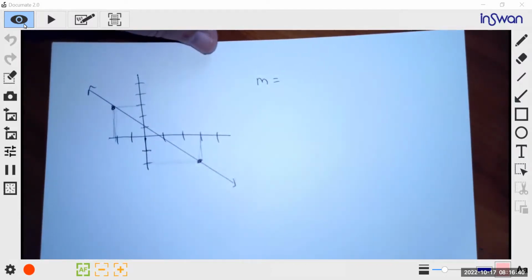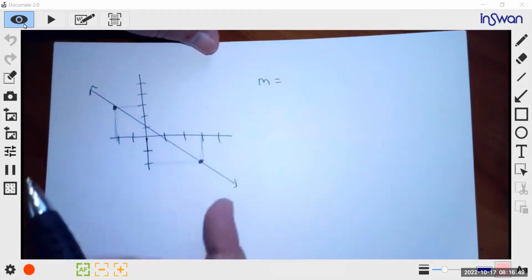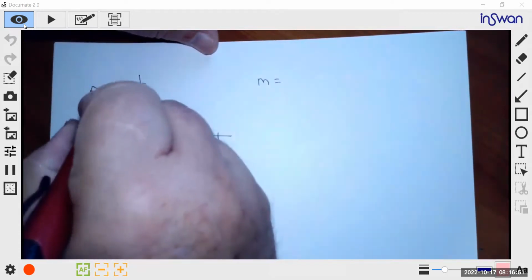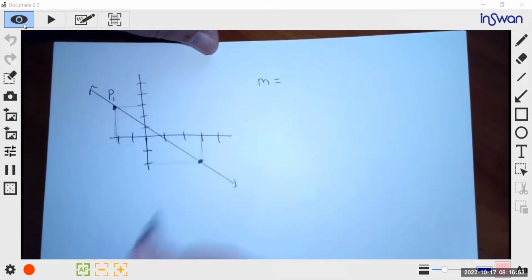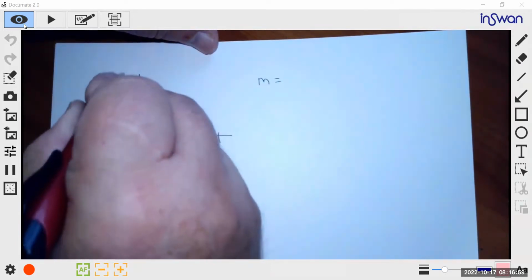The first thing you have to do after you draw the picture is this: the farthest to the left is your first point. That's point 1. And this is point 2, the farthest to the right. Point 1 is made up of x1, y1.